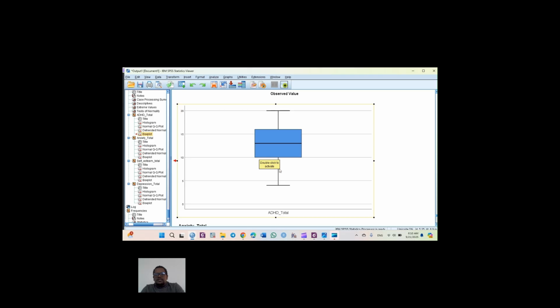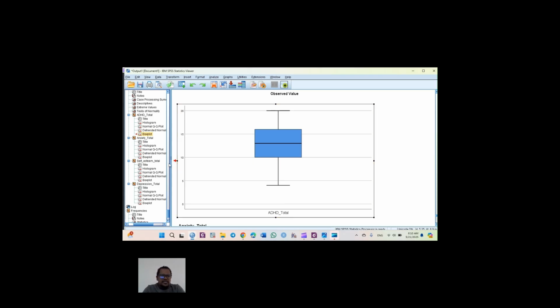And the whisker below extends from Q1 to the smallest value in the dataset, within 1.5 times the interquartile range. If there's data beyond that range, it will be shown as outliers.